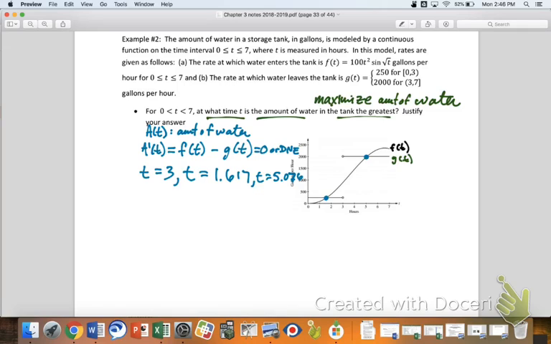I got 5.076. Okay. And for the first one, we got 1.617. Got those two okay? Good on those procedures? Okay.